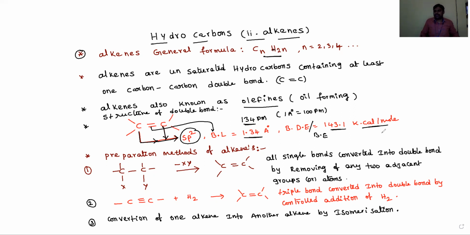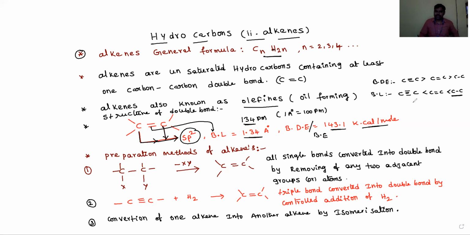Generally, as the number of multiple bonds between carbons increases, the bond dissociation energy increases and the bond length decreases. For example, the carbon-carbon triple bond has the highest bond dissociation energy because its bond order is higher, then the carbon-carbon double bond, then the single bond. As bond length increases, bond dissociation energy decreases. So the triple bond has the lowest bond length, then the double bond, then the single bond.